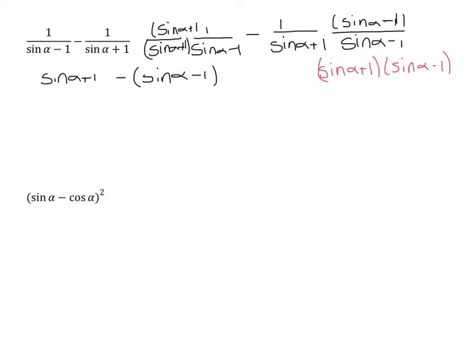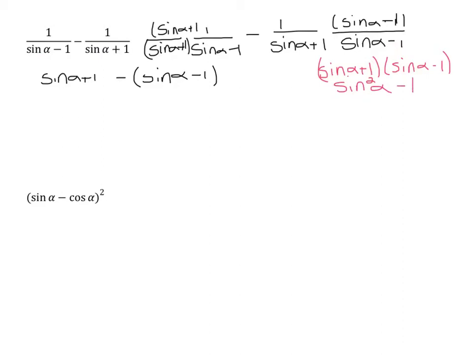First times first gives me sine squared of alpha. Outside times outside, inside times inside. The reason I'm doing those together is because this gives me minus sine of alpha, this gives me plus sine of alpha, which cancel. Then I'll do last times last, which will just be minus 1.